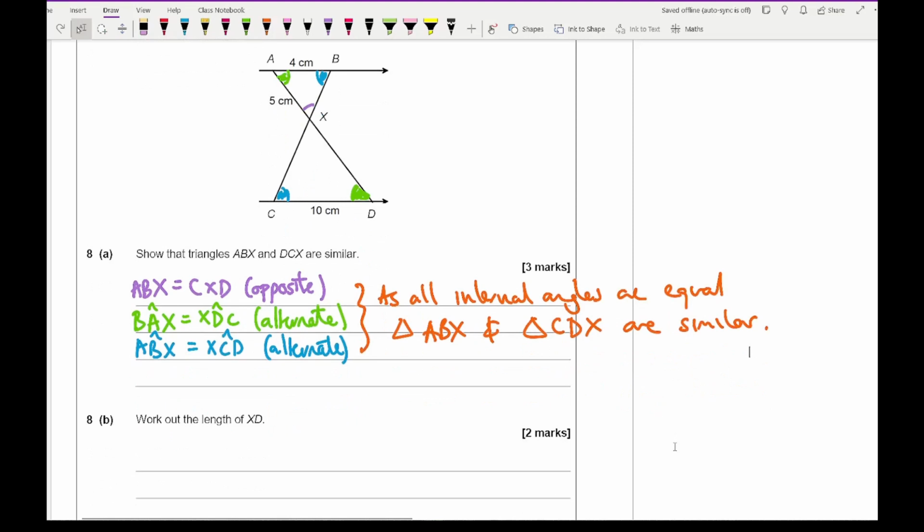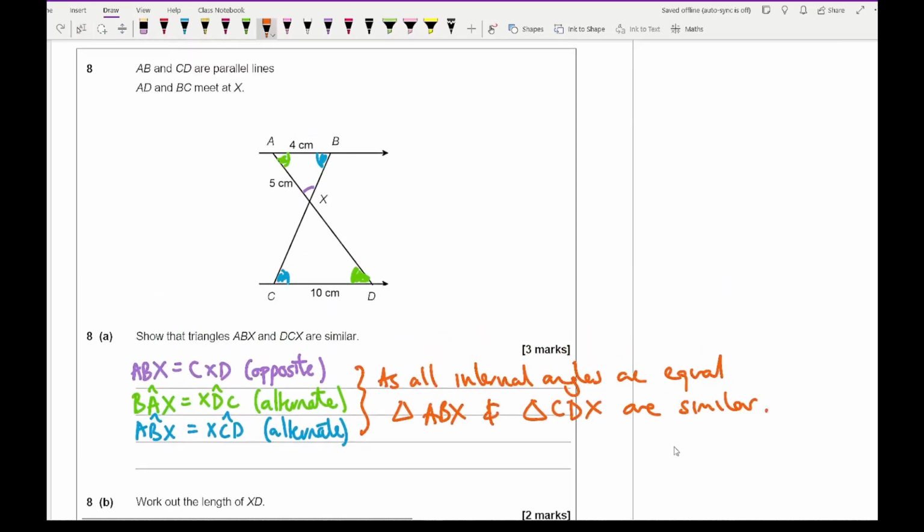It then says work out the length of XD. So if I start by drawing those two triangles out, let's colour code the angles. So I've got my two purple angles here, I'll have my blue angle here and my green angle there.